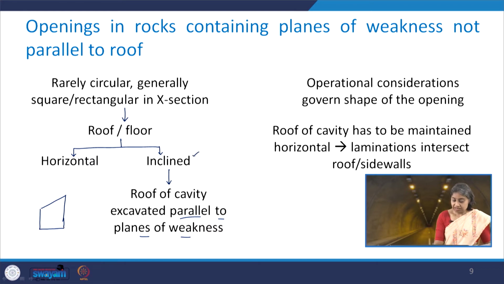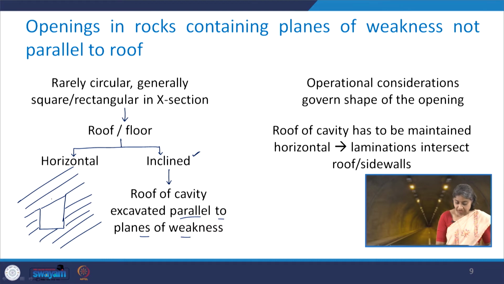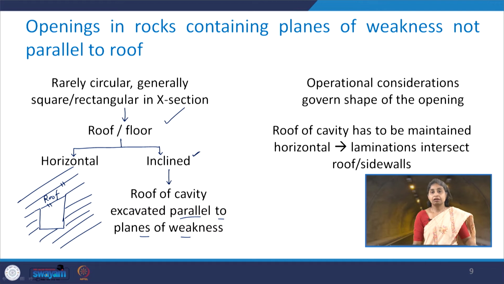So you see here this is inclined. So what we do is we have the excavation in such a manner that the roof is parallel to the planes of weakness. So this is how we go for the opening in rocks which have the planes of weakness not parallel to roof, especially in case of the mining consideration.